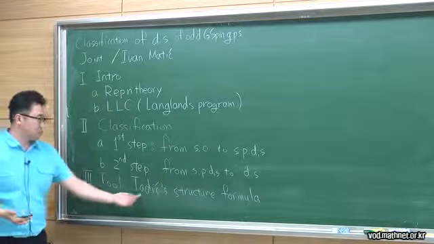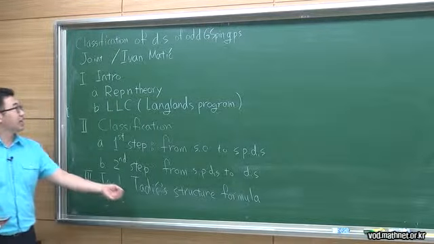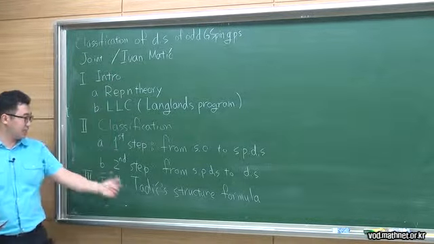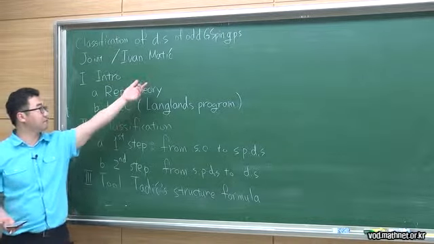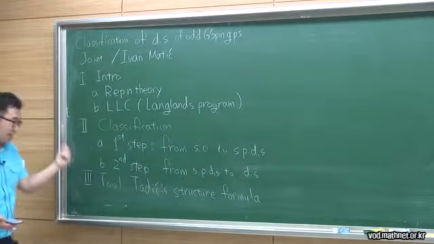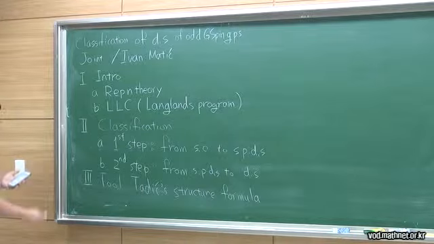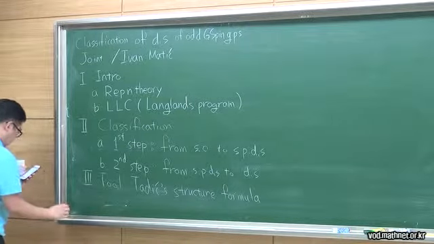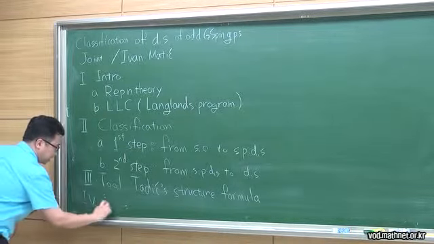Tadić is a mathematician in Croatia, and Ivan Matić is also from Croatia. He is a mathematical grandfather of Ivan Matić. Anyhow, this is one main tool, and if I still have time, I'm going to explain the application.